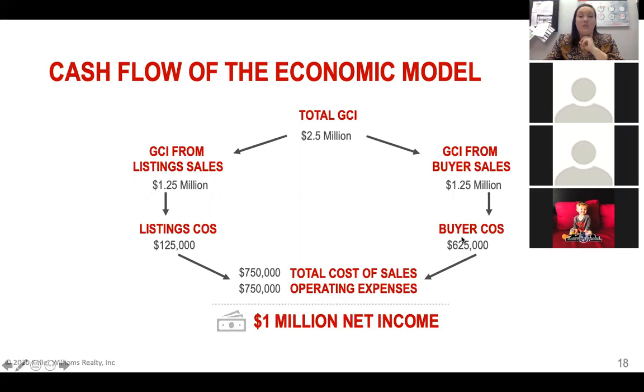Your cost of sale for buyers is going to be more, and that's going to lead up to the 30% cost of sale and 30% operating expenses, assuming, and then your net income. Of course, if you can keep your expenses really low, you watch where your cost of sale is, and you're very smart with your money, you can net more from this gross commission income.